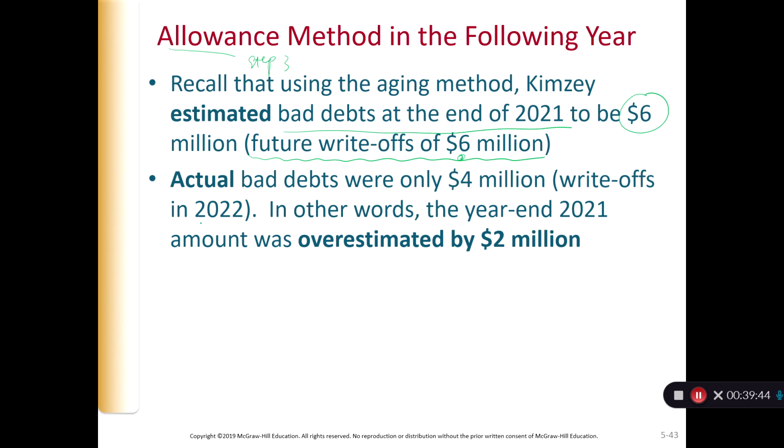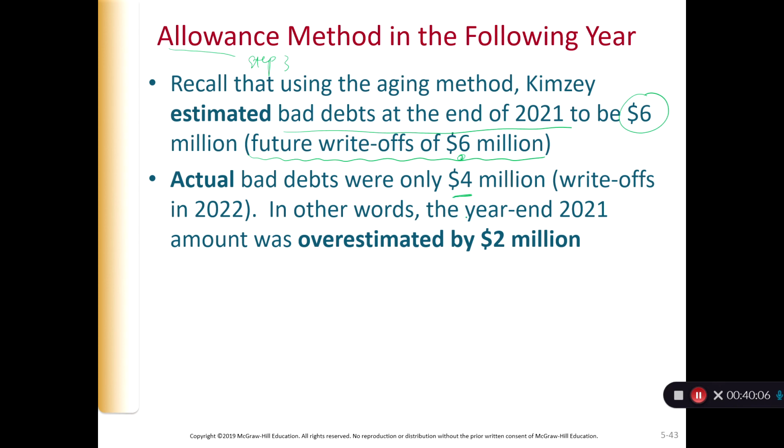However, during 2022, the actual bad debt was only $4 million, right? They estimated at the end of 2021 that $6 million would not be collected, but actually in 2022, only $4 million was not collected.